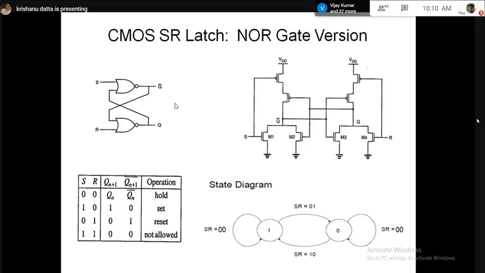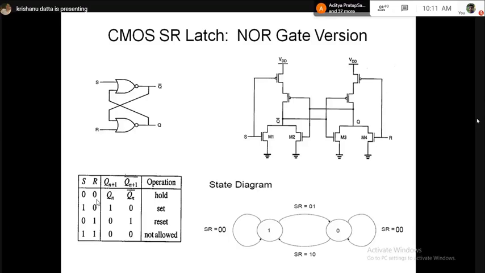So you know SR latch, but the extension I shall do is basically how it is implemented in CMOS. Other than that, you know the symbol of SR latch, circuit of SR latch. If you see the top left picture, there are two inputs, set and reset, and the output is Q and Q bar. And in the picture below, all of you know the truth table of an SR latch.